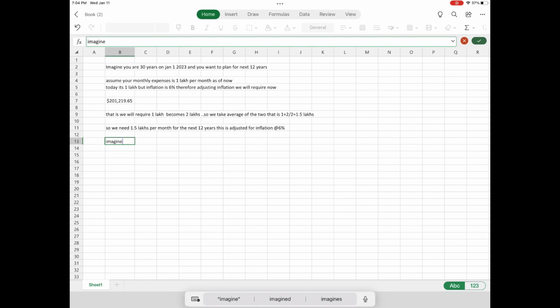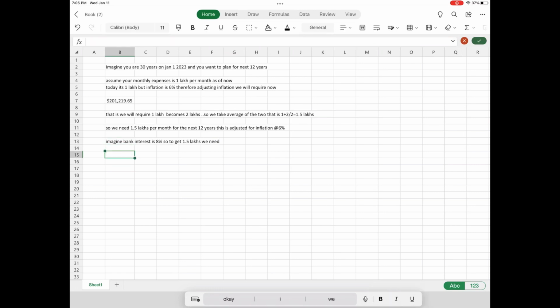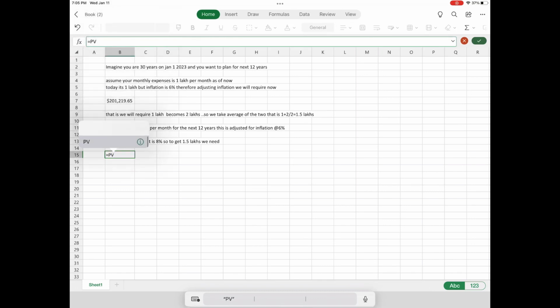So take a cell and put equal to and put PV. Imagine the bank interest rate is 8%. We need to see how much I have to put in the bank. So one part of my income I am going to put in the bank such that I keep on getting 1.5 lakhs every month. So put equal to present value, open bracket, and how much bank interest? 8%.